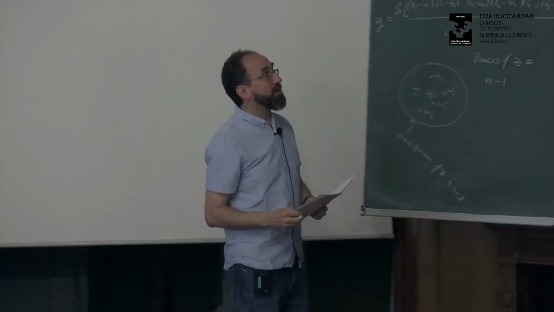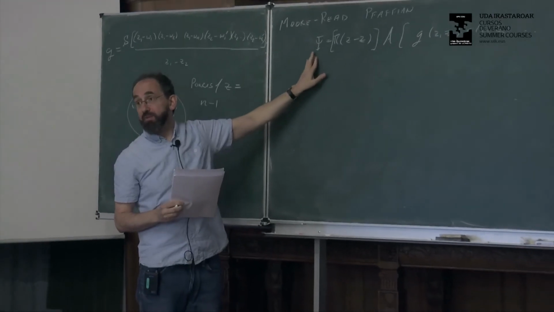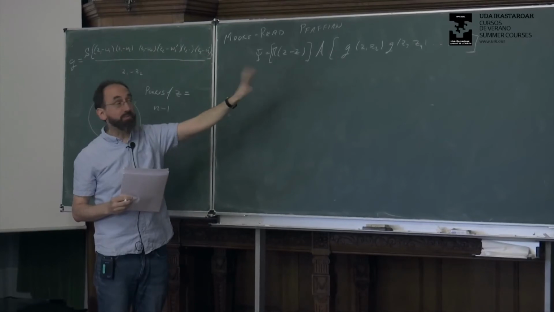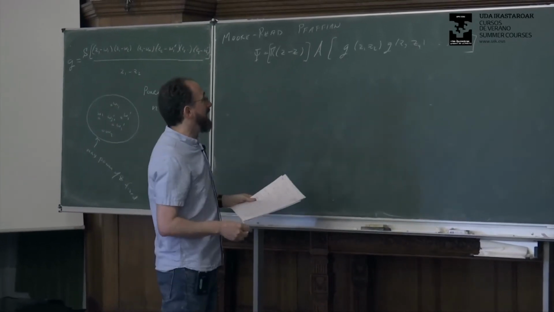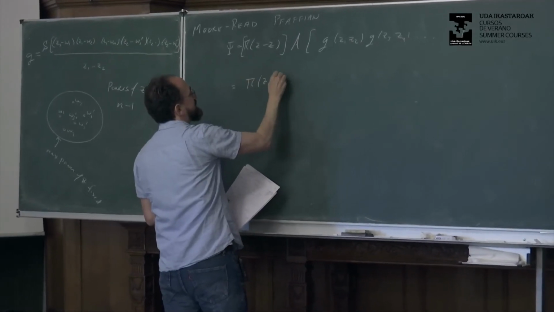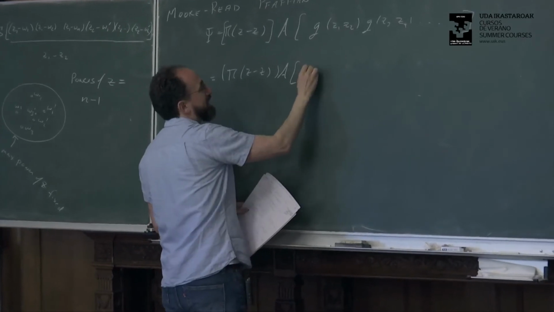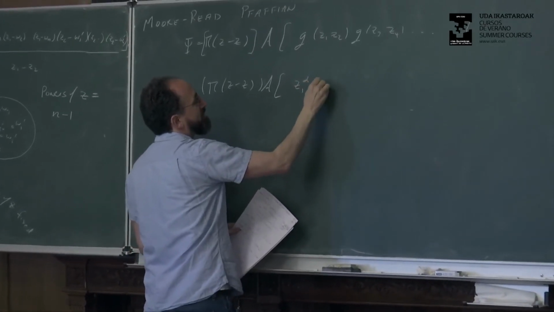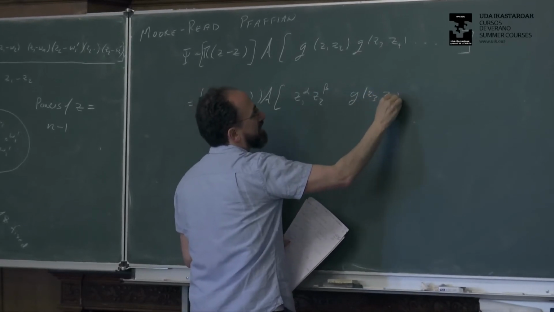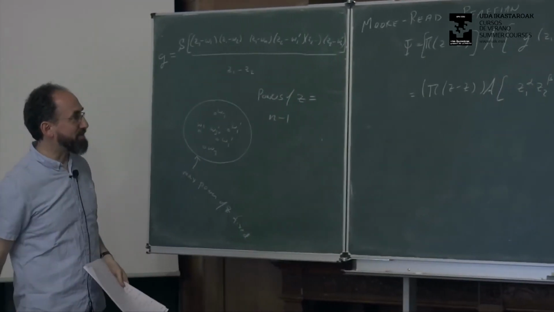So now we have one wave function we can write down, but we do exactly the same thing we do with the edge to generate those Majoranas. We break a pair. So we break a pair, and we write instead, we have this prefactor which doesn't change, and we write the anti-symmetrized product of z1 to the alpha, z2 to the beta, and then we have g of z3, z4, up to the number of particles we have.